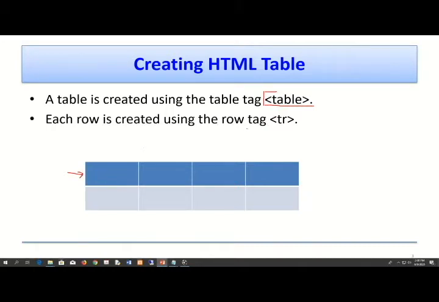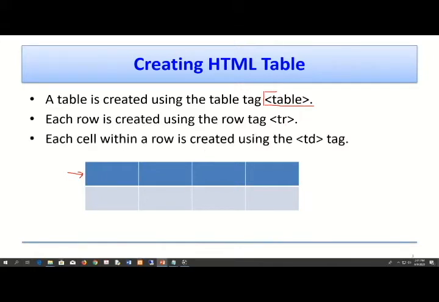In order to represent a table row, there's a tag called tr, table row. To create table data, we have a tag called td. Each cell within the row is created by using a td tag.